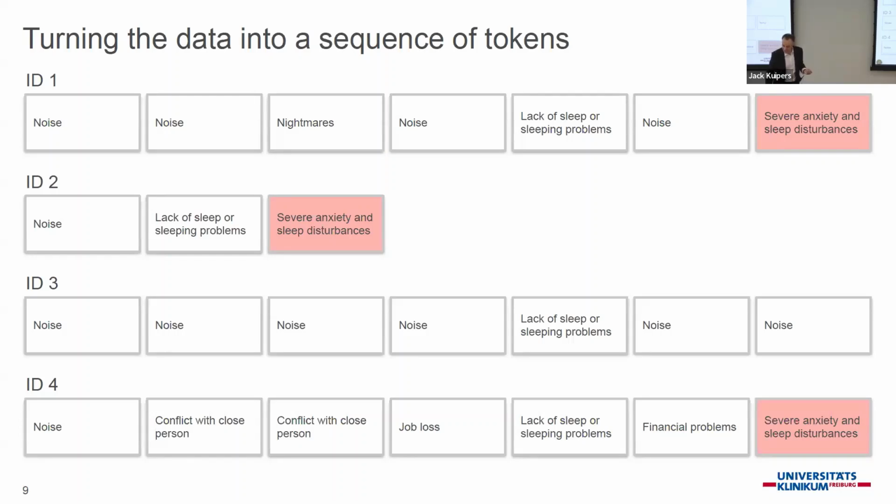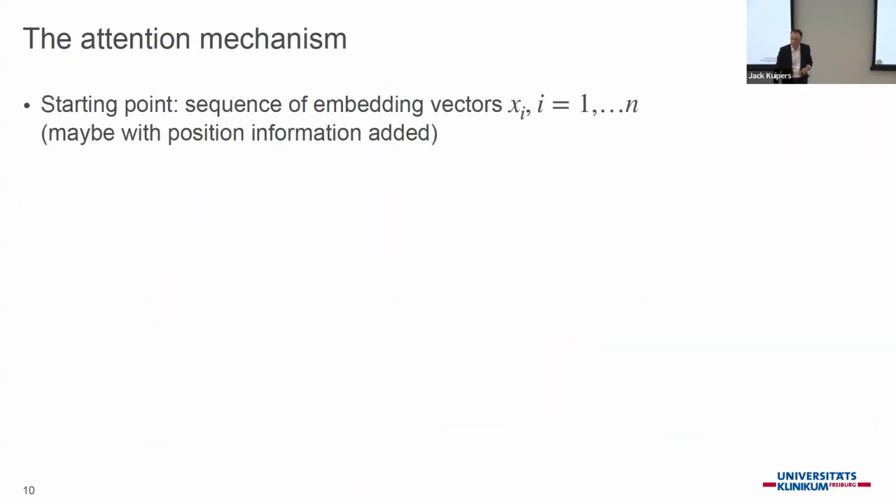And the nice thing is, if you are willing to work with, let's say, a little bit simplified versions of transformers, then you can train transformers once you've turned your clinical data into such sequences. And I only have a little bit of notation just to make one term.